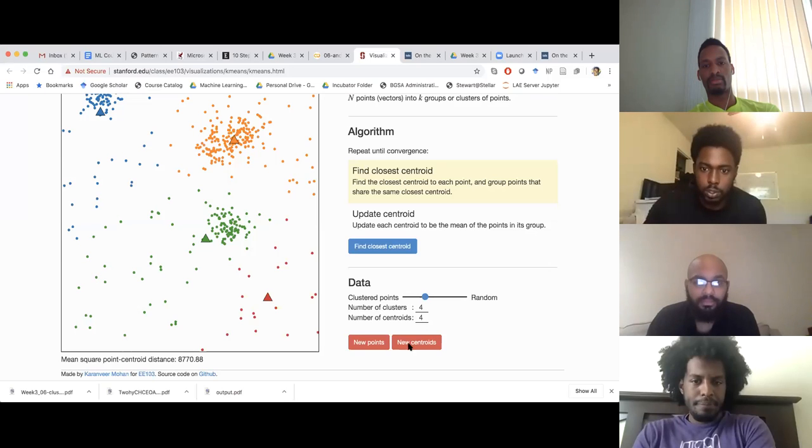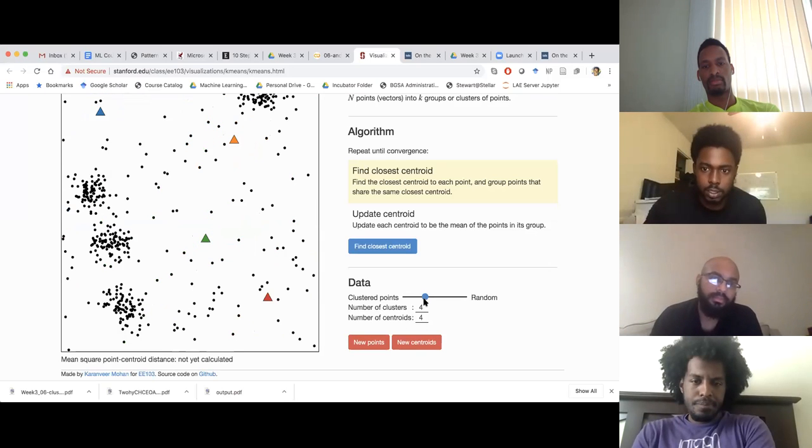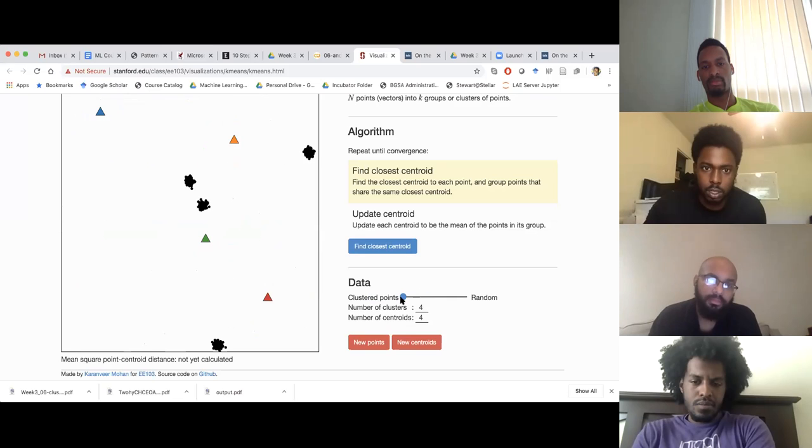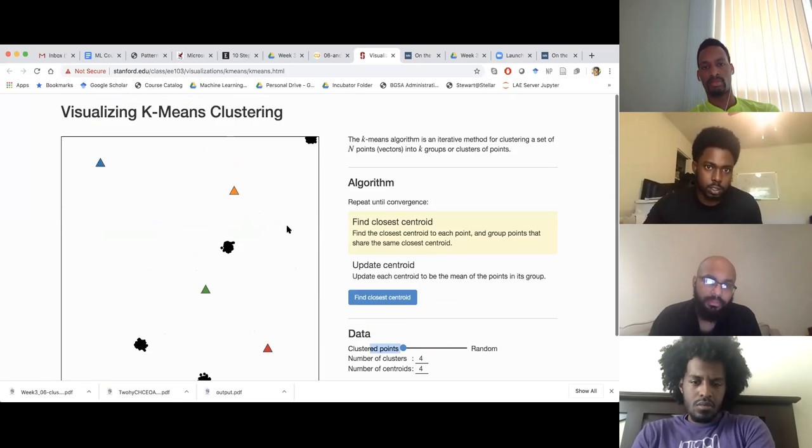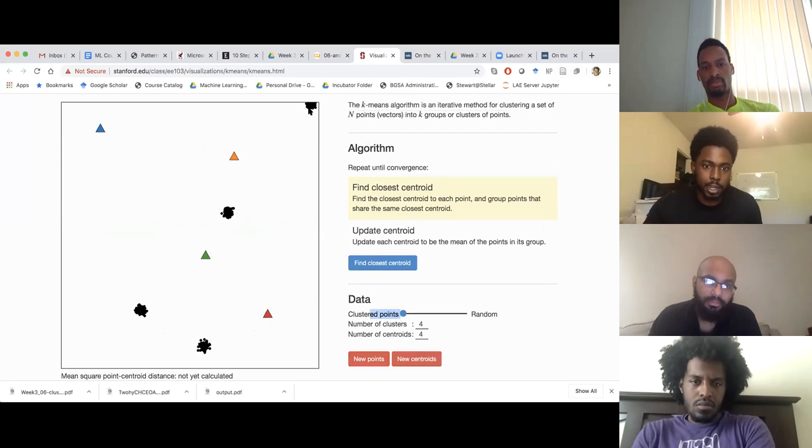So let's go back to our example. I'm going to do new points. Let's make it obvious here. We have 4 new points, 4 clusters. I think we can see them all, right? One's hiding here. 4 centroids. We should line them up, right? So I'm going to go through the algorithm. Okay, we've ended up with this.